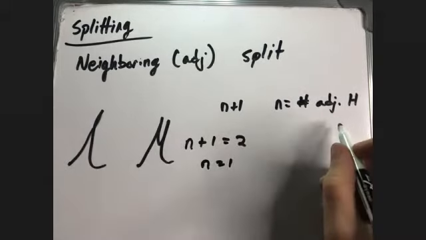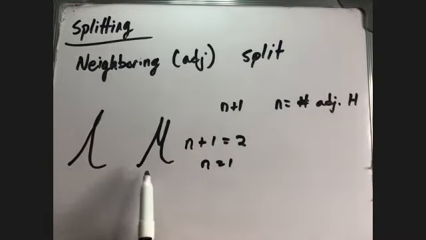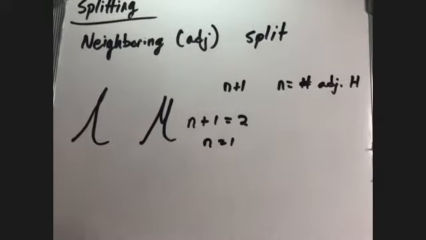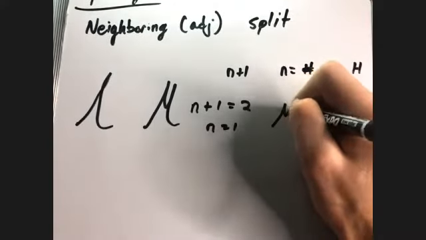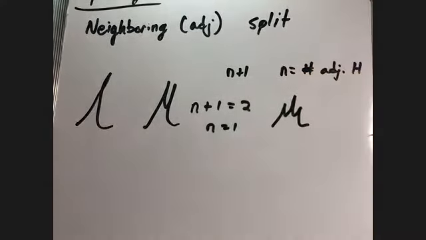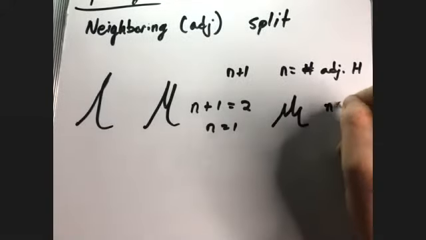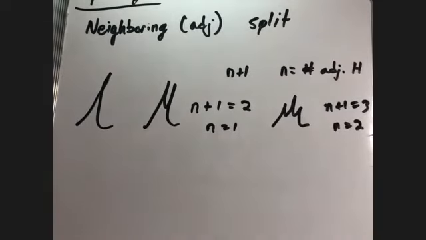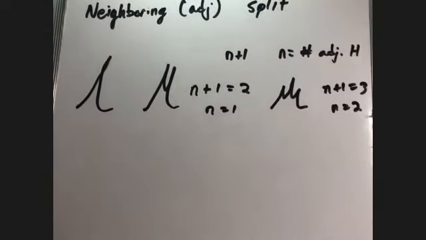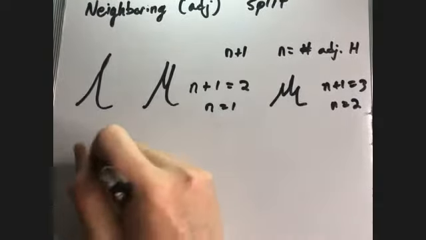N is the number of adjacent hydrogens. So a peak that has 2 tips is going to be considered to have 1 neighbor. And you can continue this trend. If we look at a triplet now, that would be like this. It has 3 peaks. This n+1 is 3. So n is 2. It must have 2 neighboring hydrogens. So let's look at an example now.